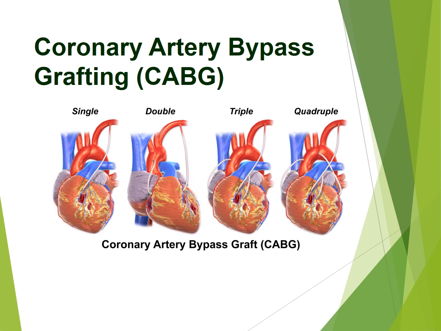Management of coronary artery diseases starts with optimal medical management. There are indications for percutaneous catheter interventions where angioplasty is done. And for more severe cases, we do coronary artery bypass grafting. We can use the left internal thoracic artery that is a branch of the subclavian artery, or we can use the greater saphenous vein as graft.